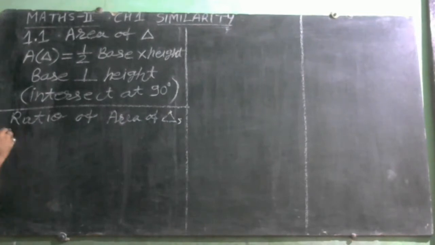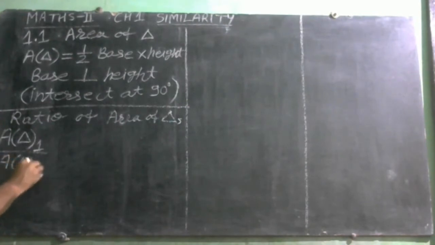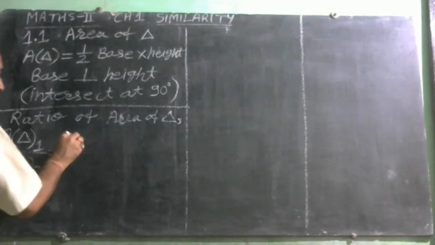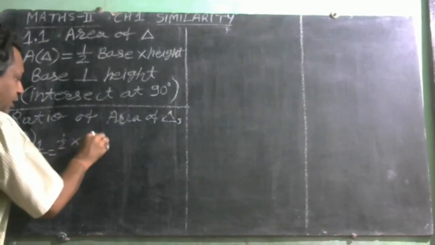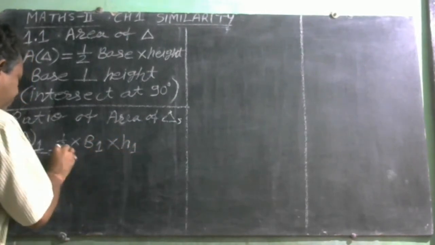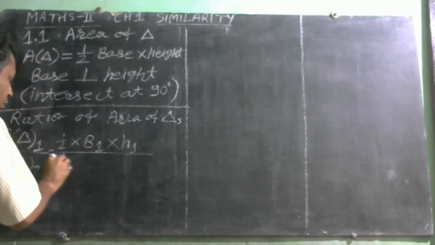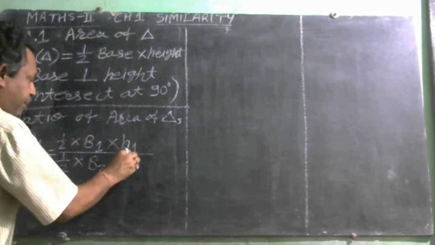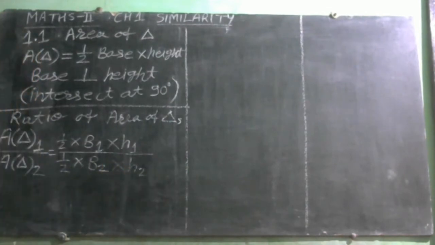Let area of triangle 1 upon area of triangle 2 equal to 1/2 into base 1 multiplied by height 1 upon 1/2 into base 2 multiplied by height 2.